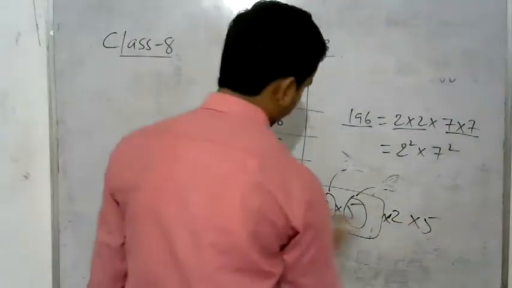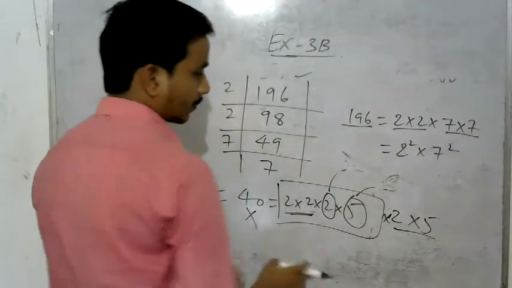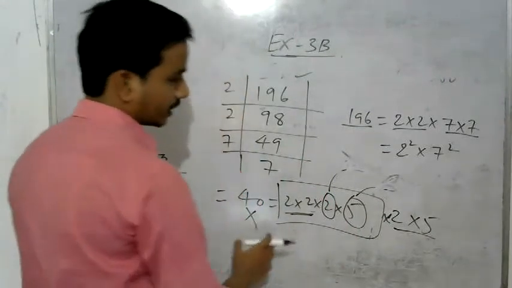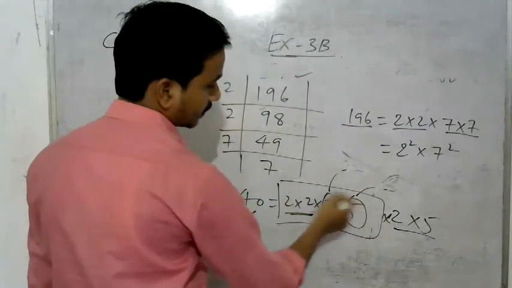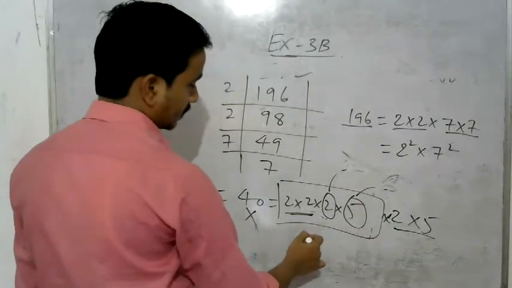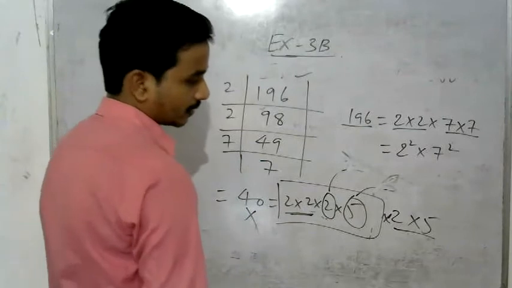So we have to multiply 40 by 10 to make it a perfect square number. Or, what least number should be divided to make 40 a perfect square number? You have to eliminate the factors which are not forming pairs, so you have to divide it by 2 into 5, that is 10. Then it will become a perfect square number.